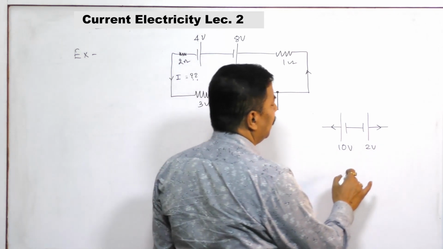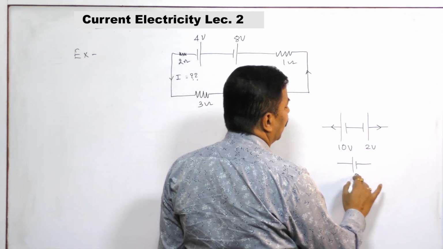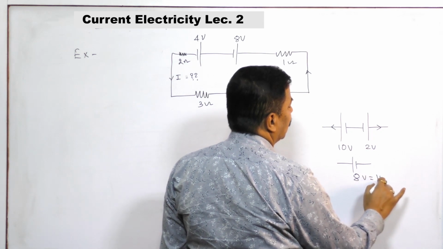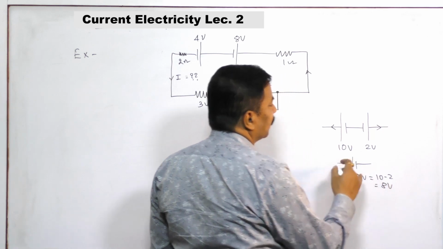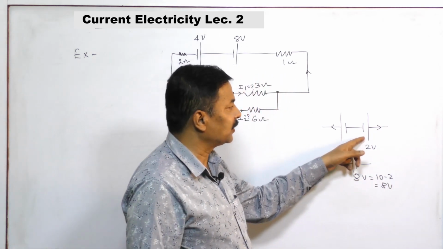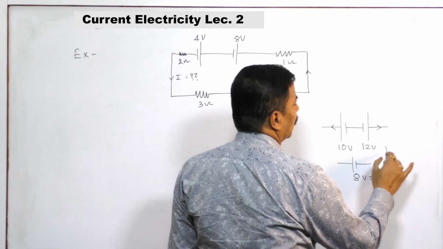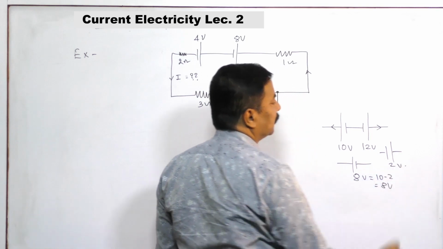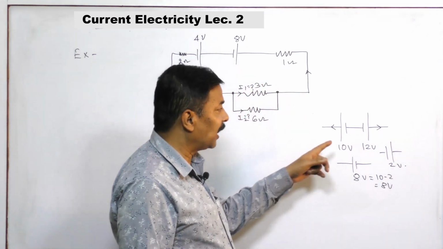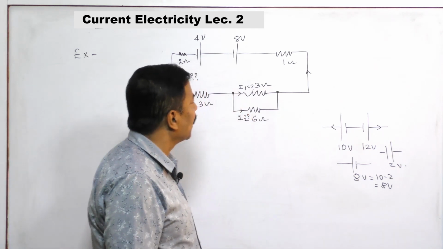So it will be a battery of this polarity of 8 volt, 10 minus 2, that is 8 volt. If it is 12, then it will be a battery of 2 volt the other way.